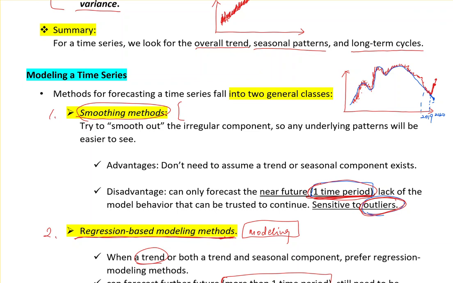There are thousands of kinds of smoothing methods, so here we will only focus on two very classic ones. The first one is called the moving average smoothing method, and the second is the exponential average method.